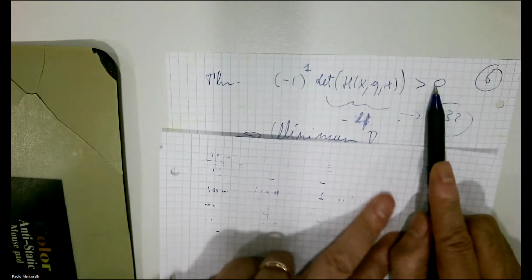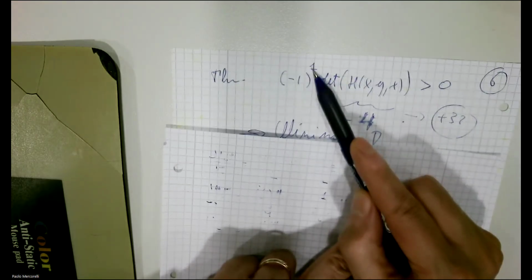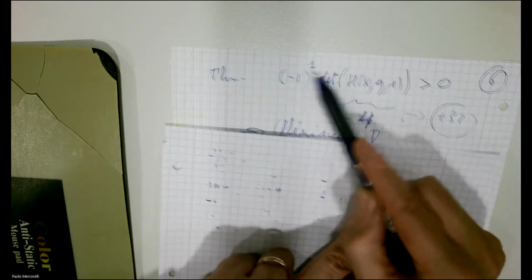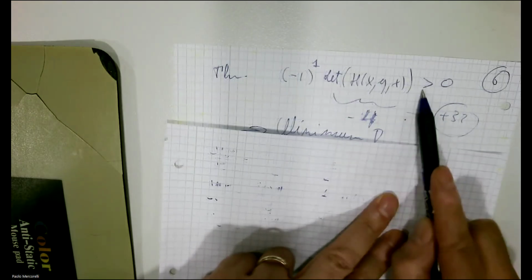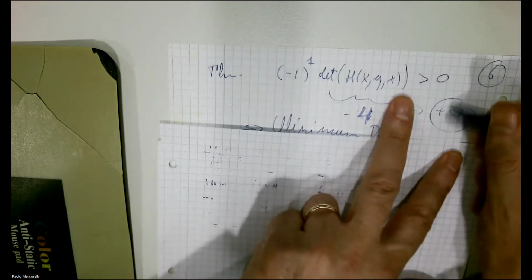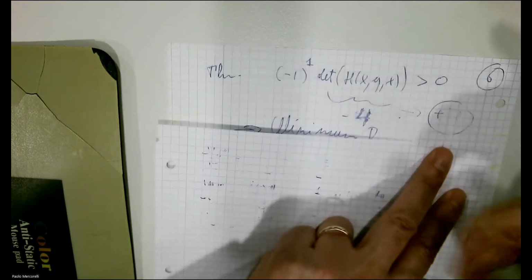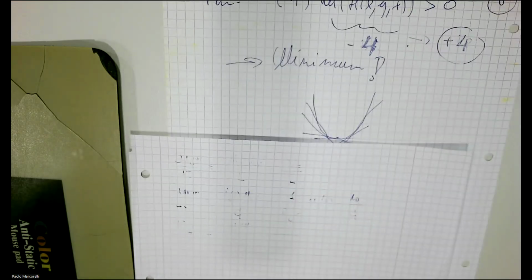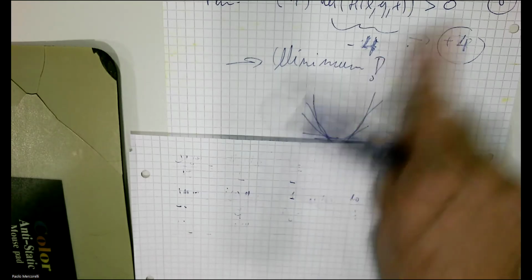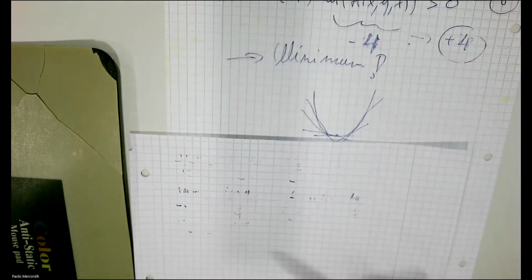This is positive because M, the number of constraints, is just 1. This means positive. And if you remember, the minimum was intuitive, because we have a function which is going up. This is positive, it is the minimum.